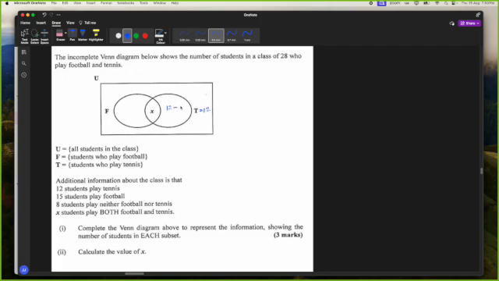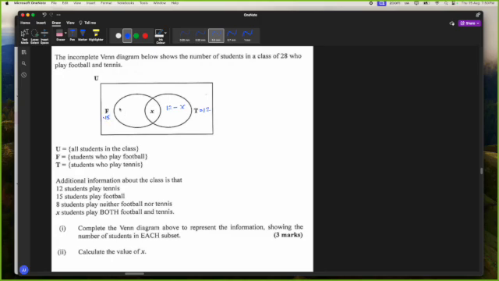minus x, which is the students that play in football as well. So 12 minus x will be those students that play in tennis only, right? 15 students play in football, right? So we have 15 students here.